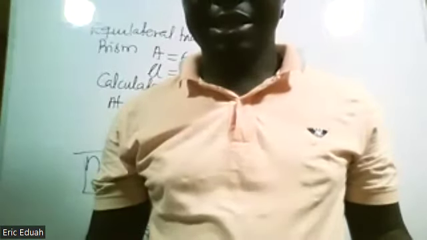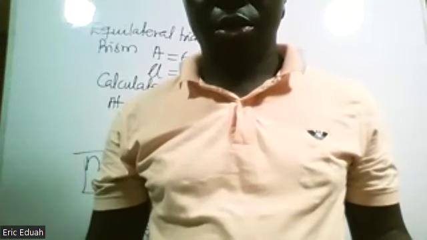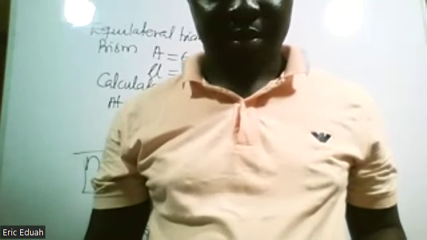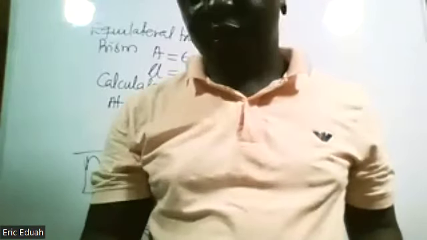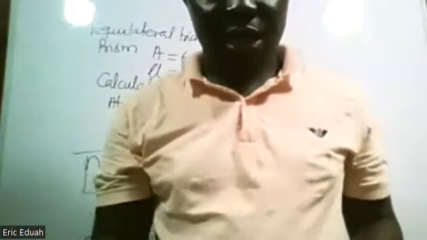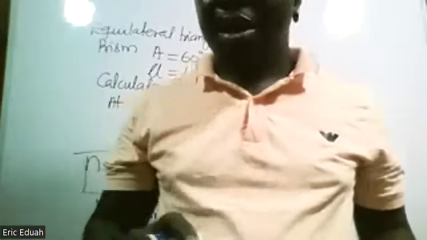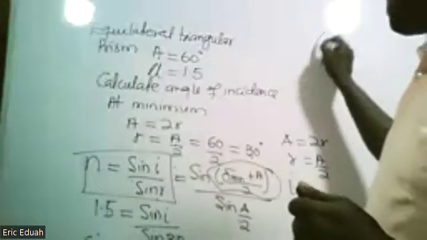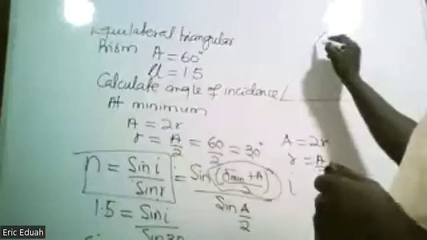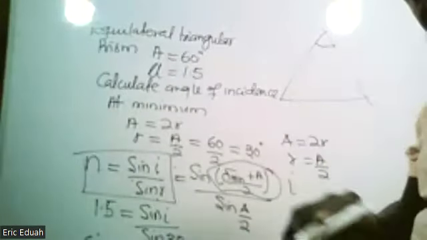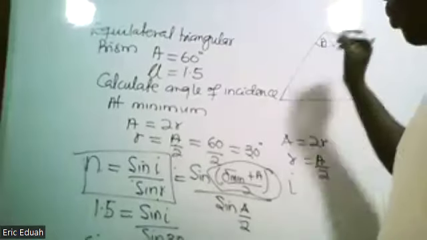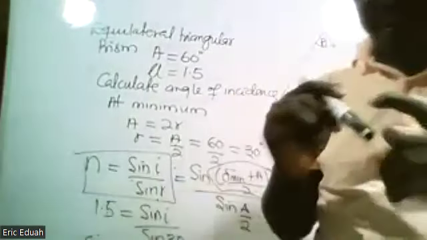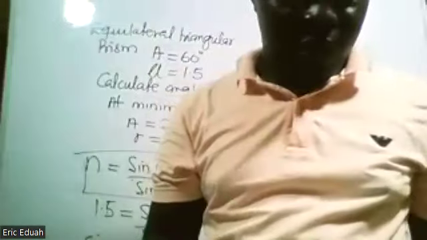What is the angle of the prism? So here, the question is looking for the refracting angle of the prism. So it's looking for this angle, A. They're looking for A. I'm going over the question again.